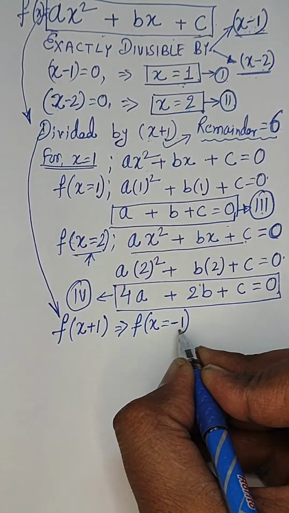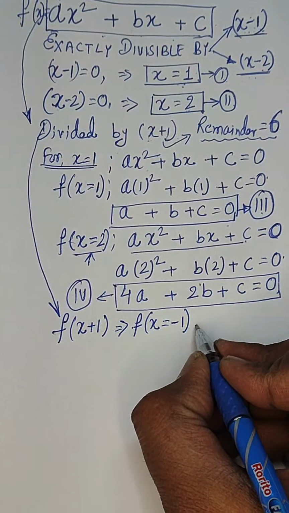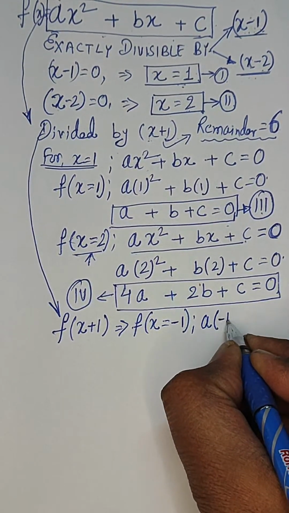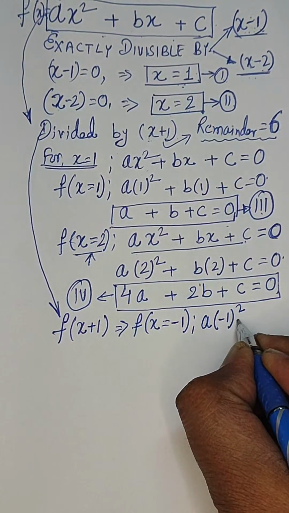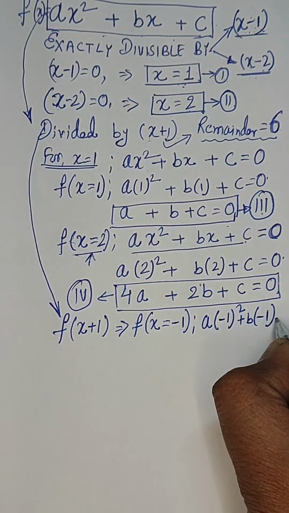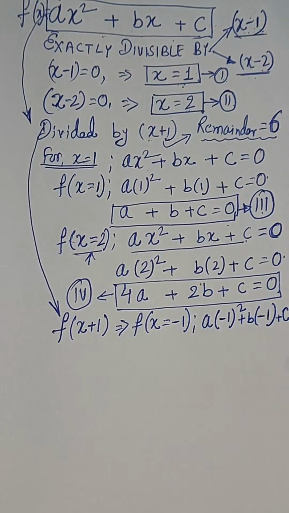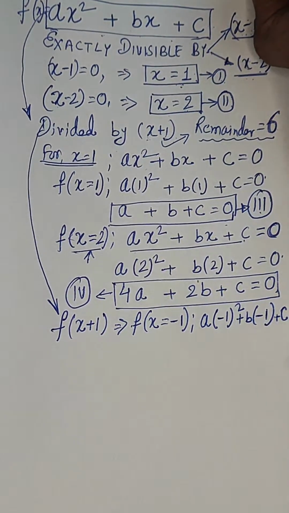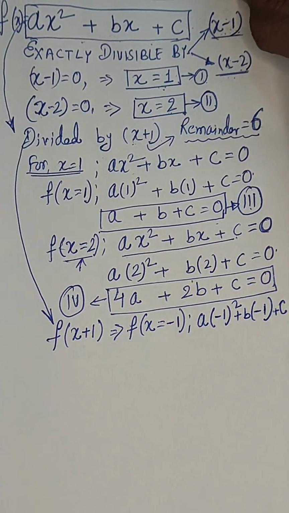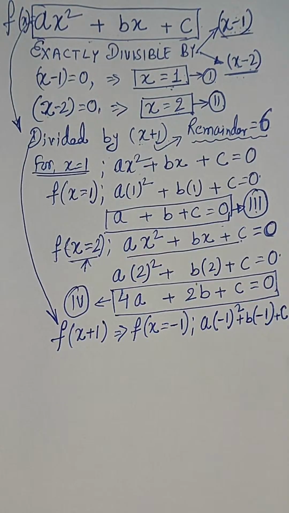When x equals minus 1, this entire polynomial will convert to a into minus 1 whole square plus b into minus 1 plus c, and this will give you a certain value, my dear friends. What is that value? That is your remainder. And what is the remainder over here?